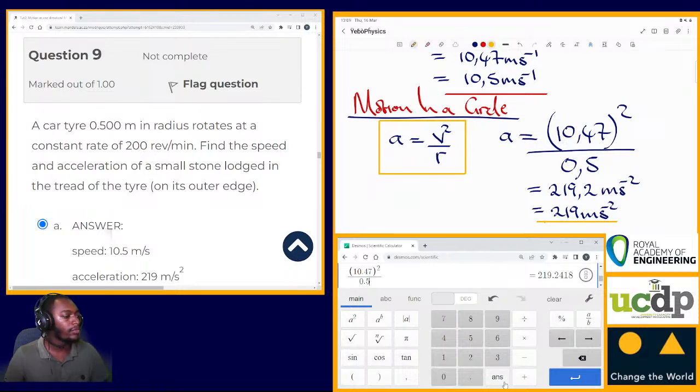That is what we have covered in the first part of the question. It's a concept on motion in a circle, and to calculate our acceleration, we've used a is equal to v squared over the radius. Shall we proceed to question 10?